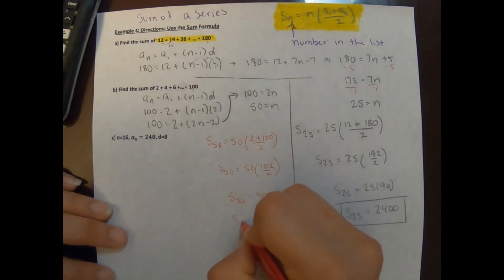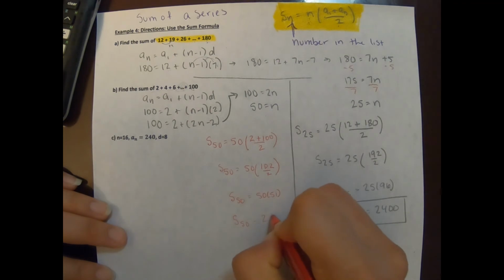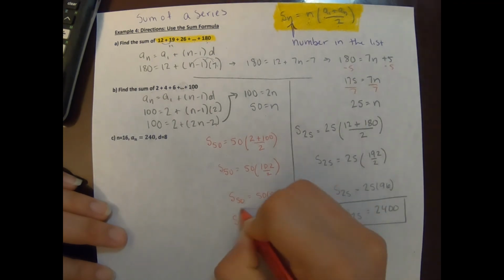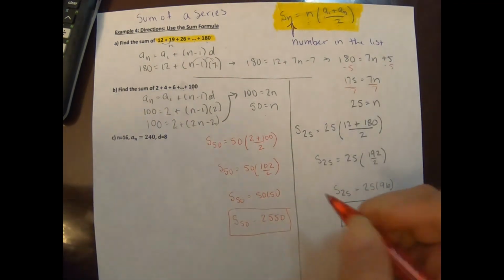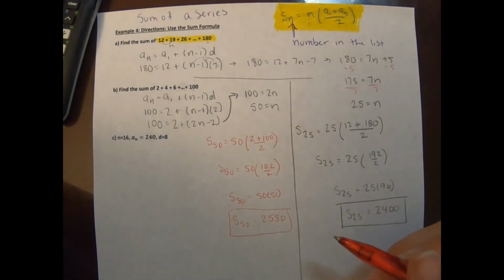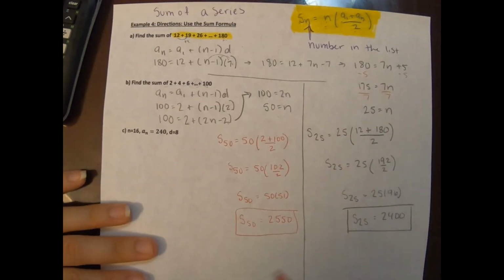Of course, it's going to be 2,550. The sum of the first 50 terms is 2,550. Last one.